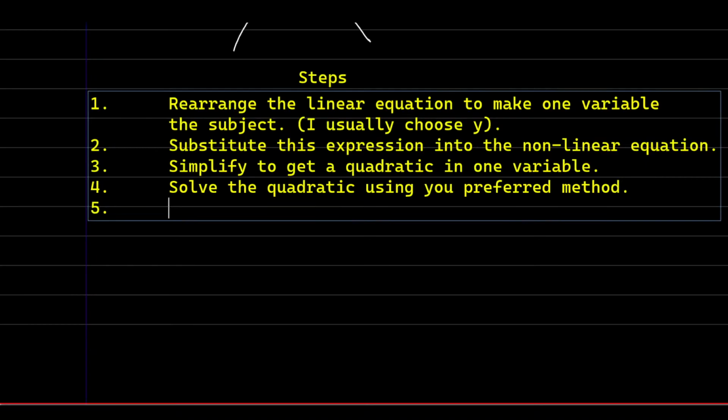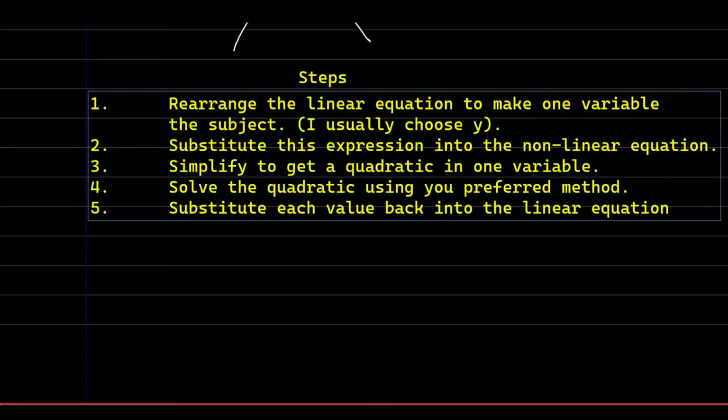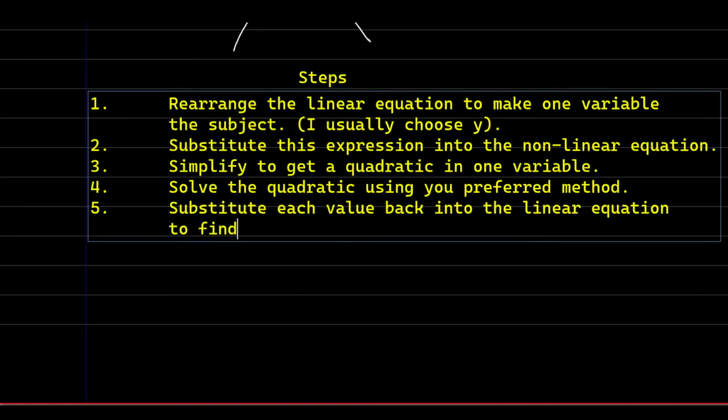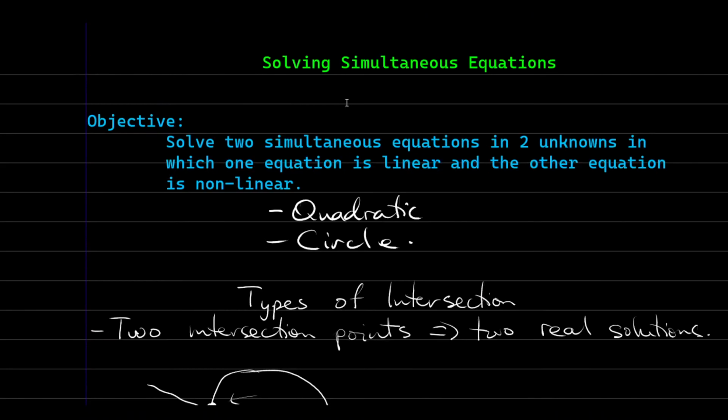And then we can substitute each value back into the linear equation to find the corresponding y. All right, and once you follow those steps, you should be able to solve any problem involving this objective. Right? Let's go and do some examples now. So let's say example one.